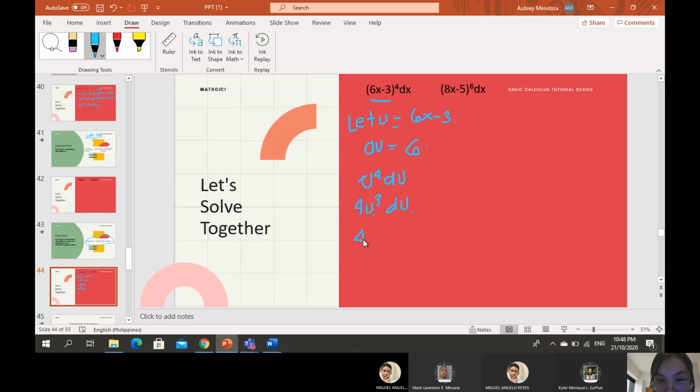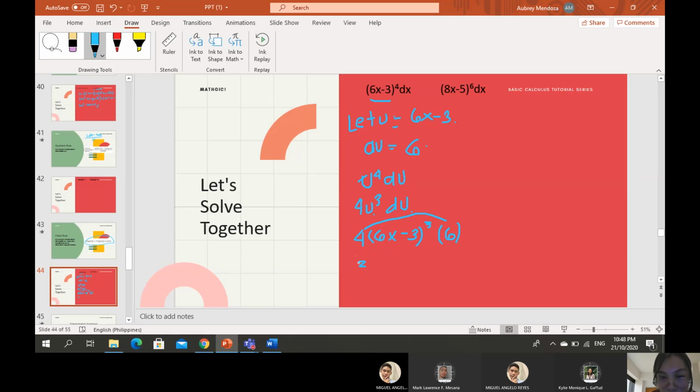So for 6x minus 3 raised to 3, then the value of du is 6. And then after that, let's multiply 6 and 4. So 6 times 4 is 28.